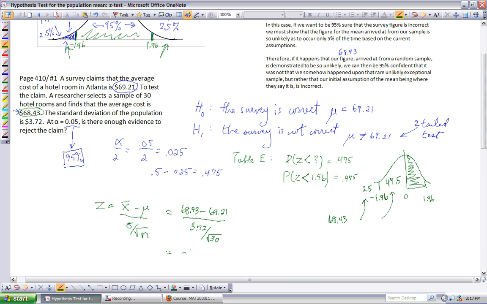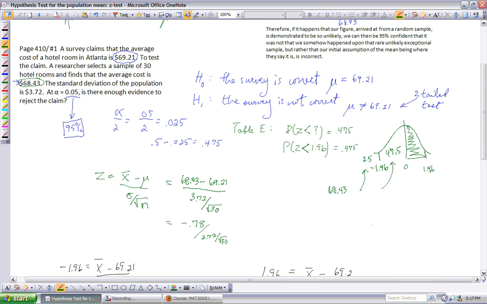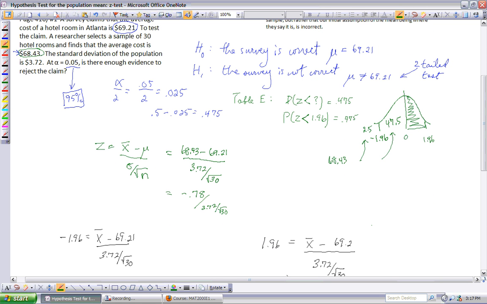And that's going to be negative 78 cents divided by whatever this comes out to. Let me scroll down a little bit. Don't worry about what's underneath that, because we'll talk about that in a second. I prepared that earlier.